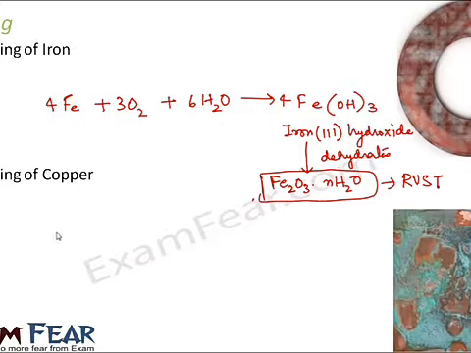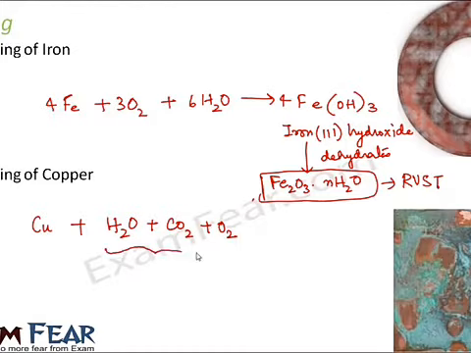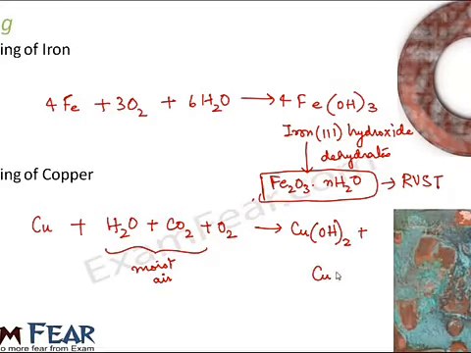So let us see how the reaction takes place in case of copper. Copper reacts with water, carbon dioxide plus oxygen. So this basically represents moist air. So that means the air has moisture in it. So this forms copper hydroxide, which is Cu(OH)2 plus CuCO3, which is copper carbonate.